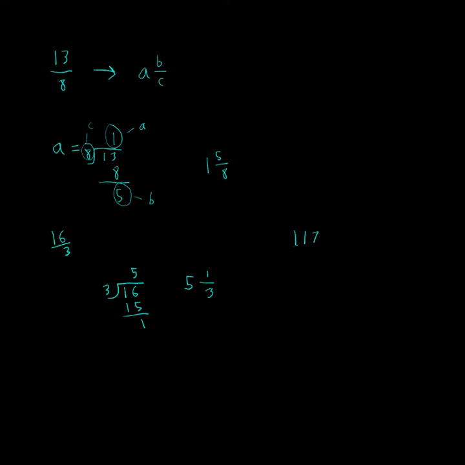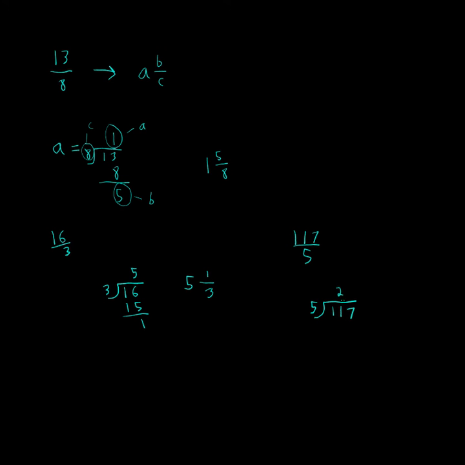117 fifths. This should give us a multi-step problem, so let's convert this into a mixed fraction. So 117 divided by 5, my apologies. How many times does 5 go into 11?